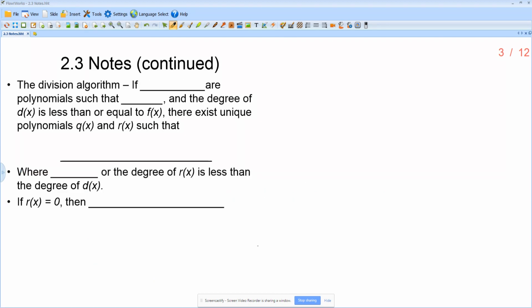All right, so the division algorithm. Division is really just a process. It's an algorithm that we're doing over and over.